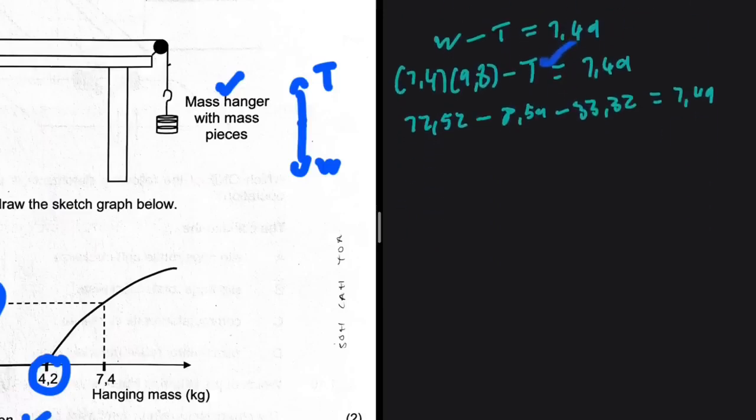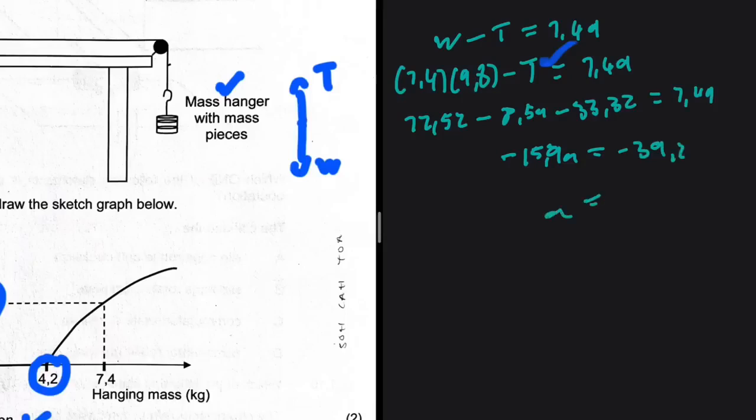So minus 8.5 minus 7.4, that is minus 15.9a, is equal to 72.52 minus 33.32, which is 39.2. But when you take it to the other side, it is going to be minus 39.2.